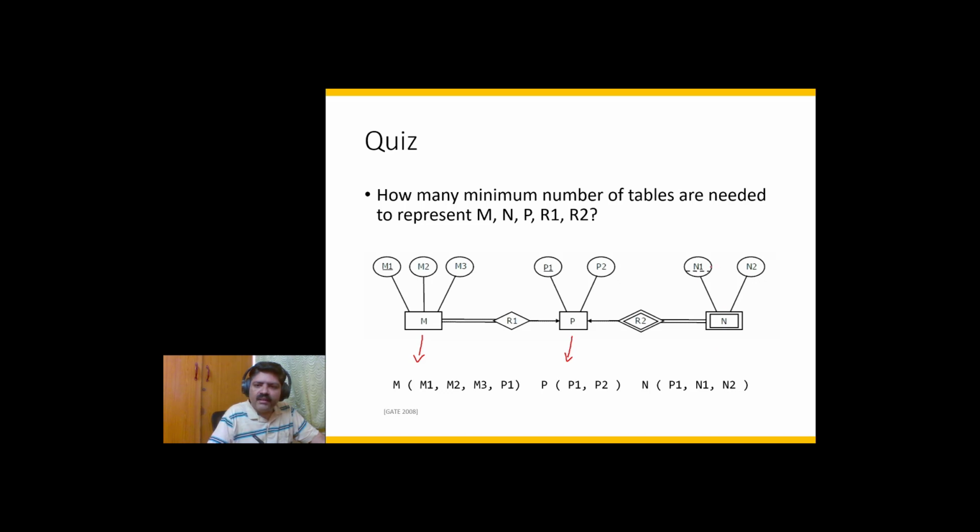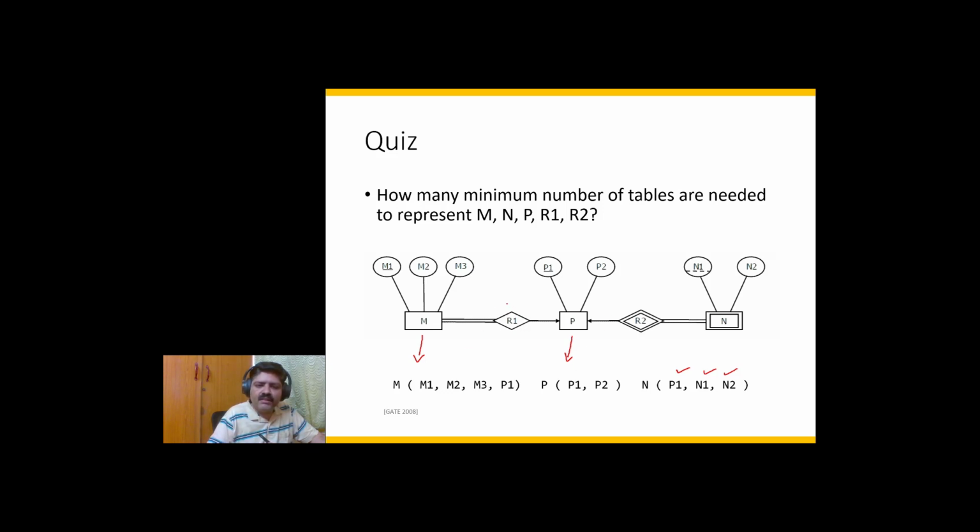I know that N has N1 and N2 attributes, but then N is identified through the primary key of P, which is the identifying attribute here, P1. So N is identified as P1, N1, N2. So we have N, and we have P captured here, and we have M captured here.